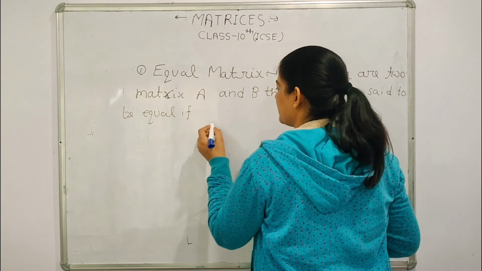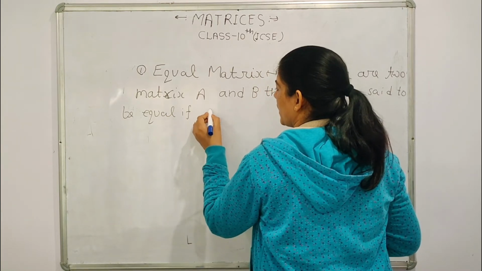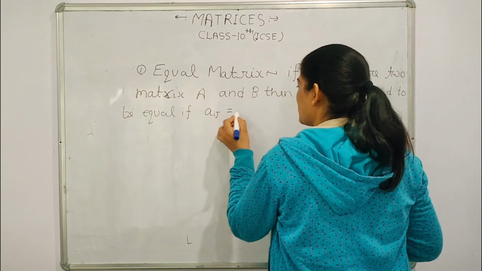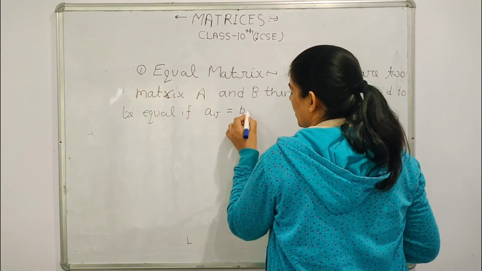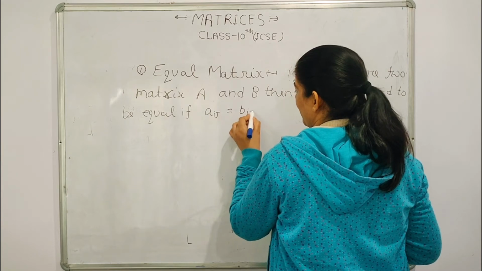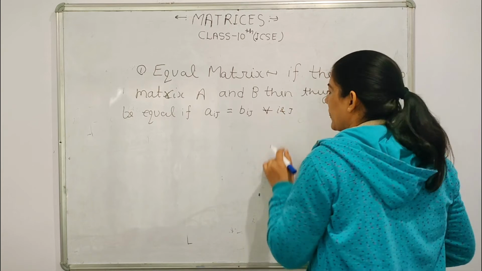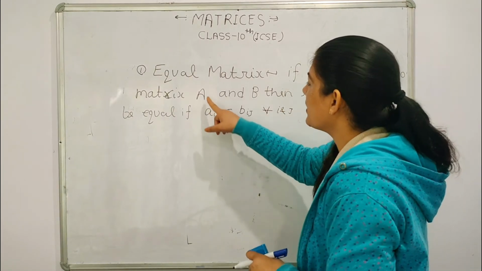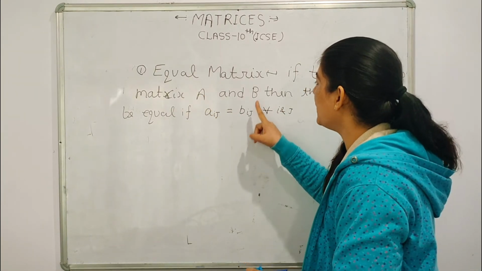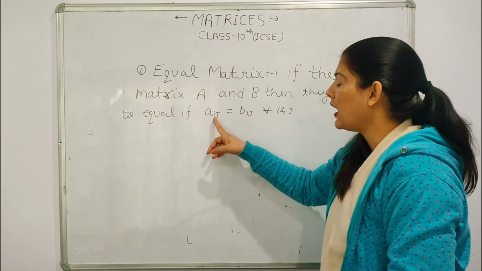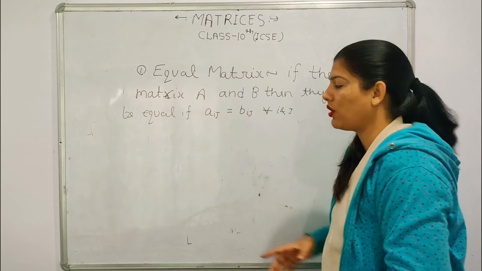if Aij is equal to Bij for all i and j. Aij are the elements of matrix A and Bij are the elements of matrix B, and i and j represent their order.